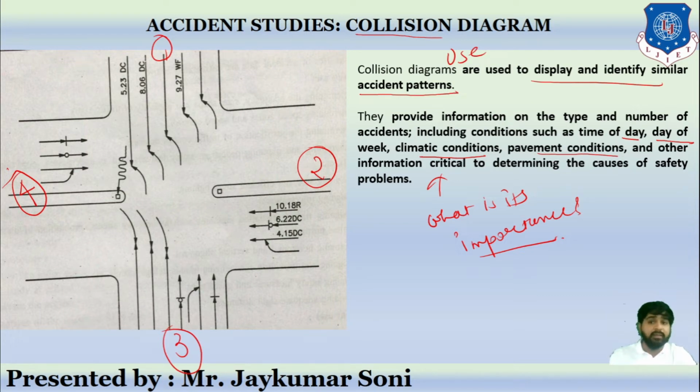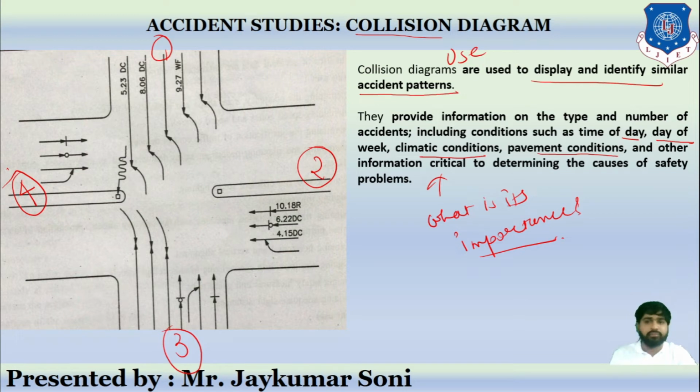Let me tell you once again what this collision diagram provides. What is the type of accident? Which number of accident is this? At what time of the day did the accident take place? Which day of the week was it: Monday, Tuesday, Wednesday, Friday, Saturday, Sunday? What was the climatic condition: sunny weather, monsoon or rainy weather?